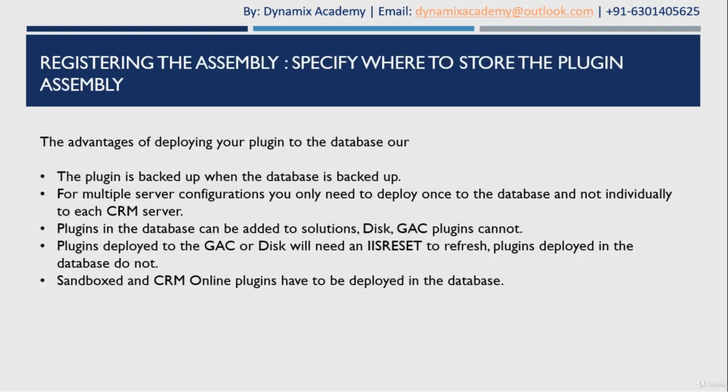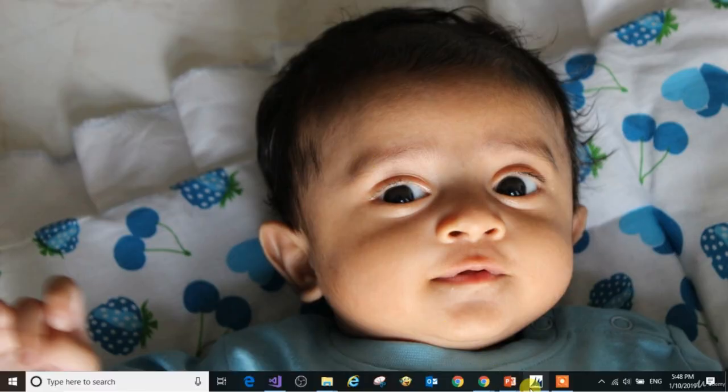Let us now see that with the help of a physical example. I will show you how to register an assembly with the help of the plugin registration tool by giving you a demo. In the last section, we have already created a connection.